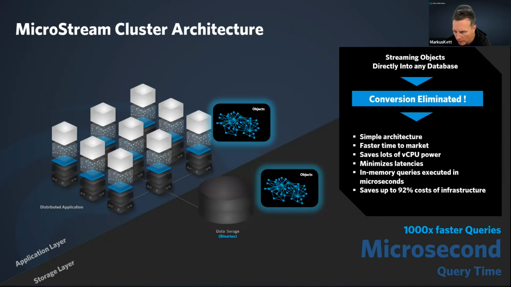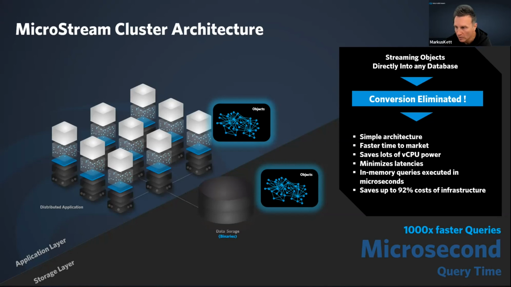And this is the way we do it. So we distribute the stores through the JVMs by using event streaming, and then we have to merge the objects into all instances into the object graph.